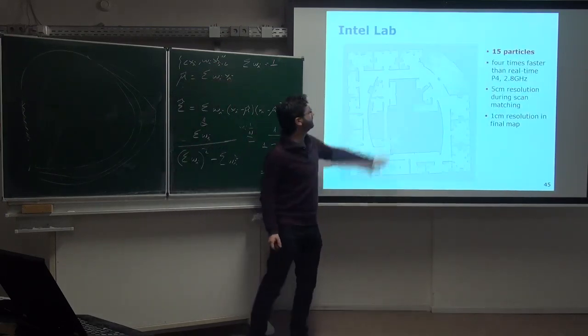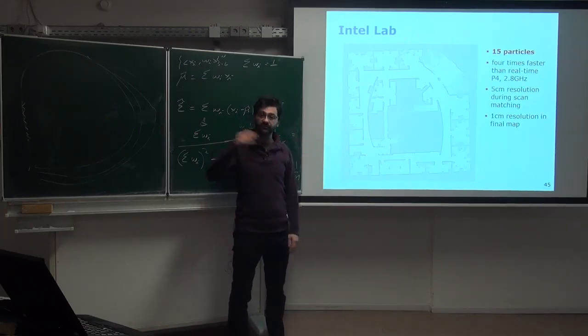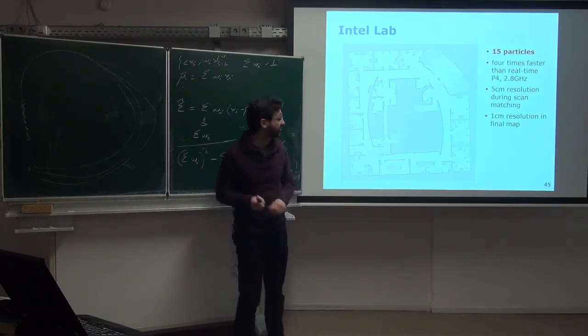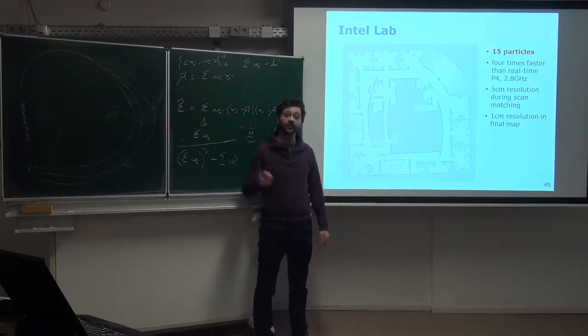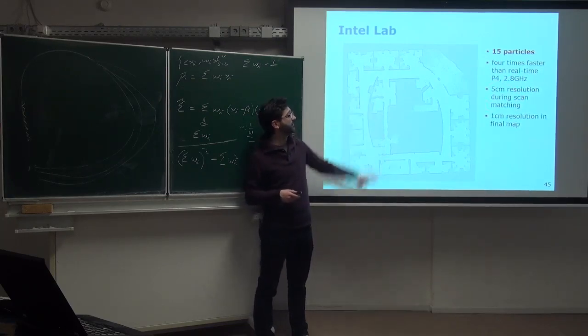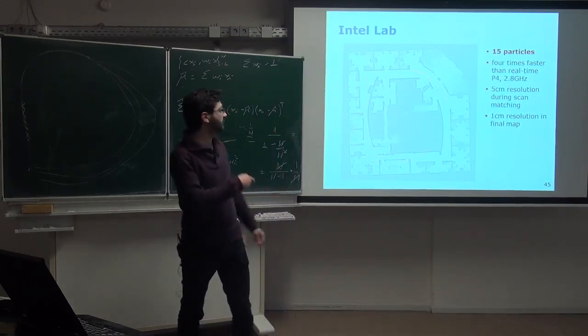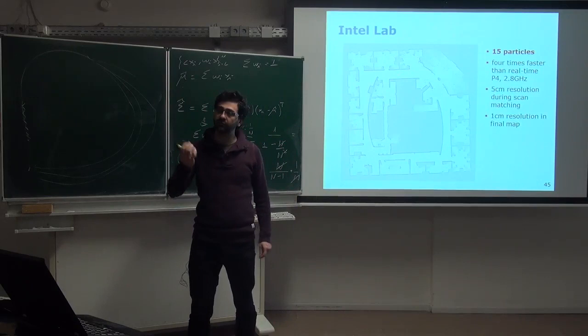So here is the map again of the Intel lab. We have seen it before with the ad hoc version of FastSLAM. Now we can see what happens if you do it the more formal way. The idea here is that we have a 5 centimeter resolution during the mapping process, and 1 centimeter resolution for the final one, so we can re-render all the data with the higher resolution.